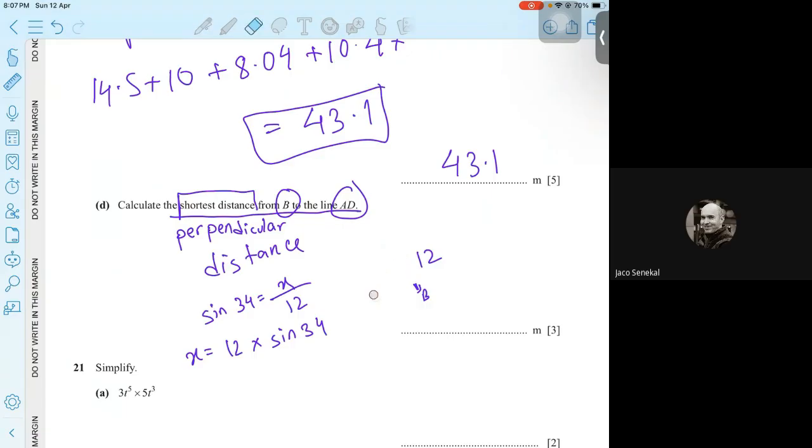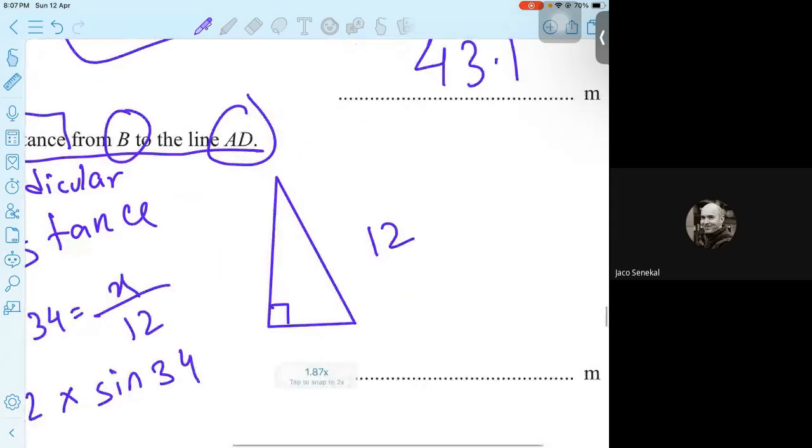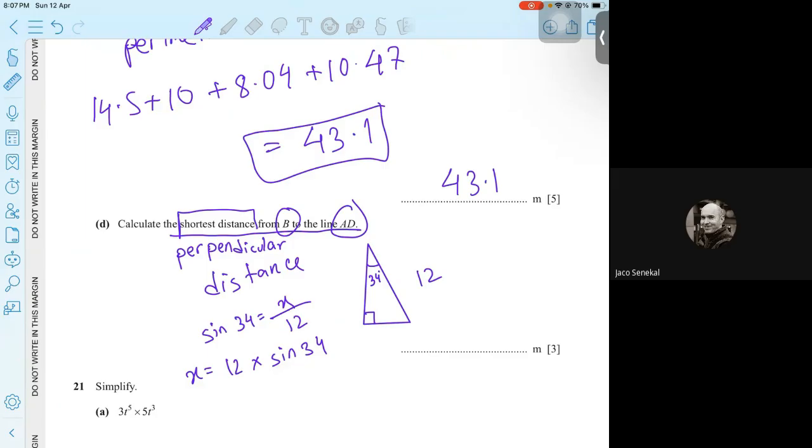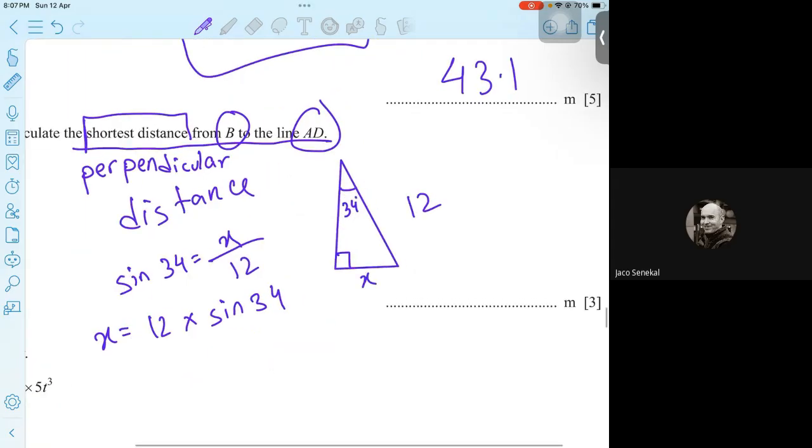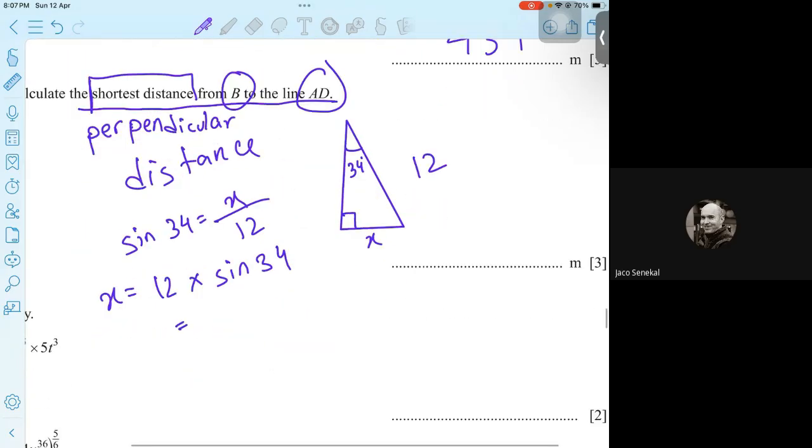Let me just redraw this diagram so you understand it better. So there's this, there is this, and there is this. This is 90 degrees. This is 34. This is the diagram, okay? And this is what we are supposed to find in terms of x. So this gives me an answer of 6.71 meters.